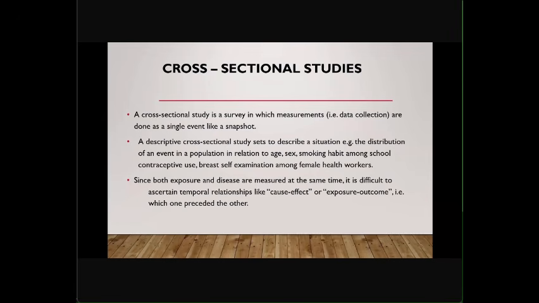So we say it lacks a cause-effect relationship or exposure-outcome relationship. Or if you want to use a good epidemiological term, we say it lacks temporal relationship or temporal sequence. A sequence, one after the other or one before the other, right?